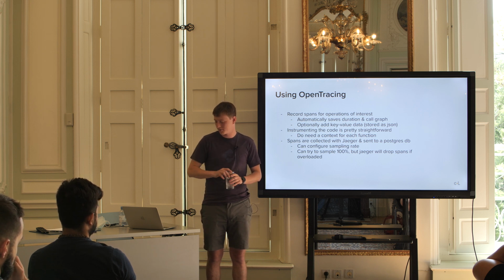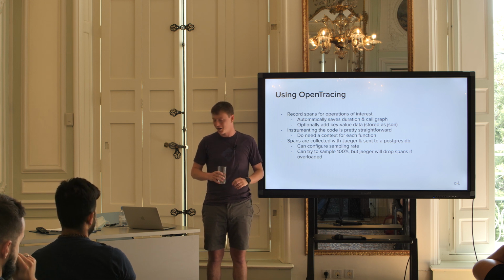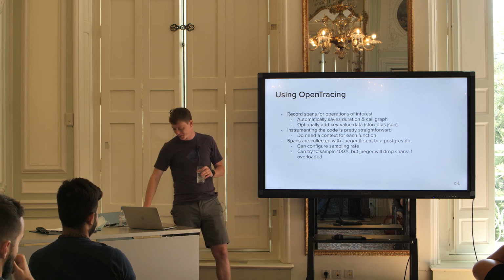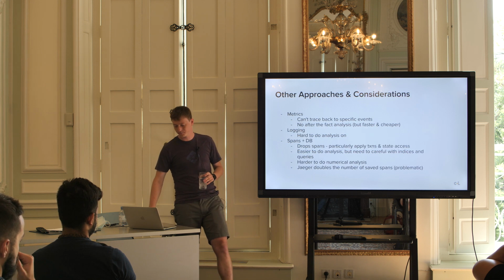You can configure the sampling rate, like if you want one sample a second, or 0.01% of samples. These tools by default use a very low sampling rate, which makes sense because you're running a lot of data through these. I tried to sample everything. It worked okay. We can talk more about that later, but that was the goal, trying to collect as much data as possible out of this.